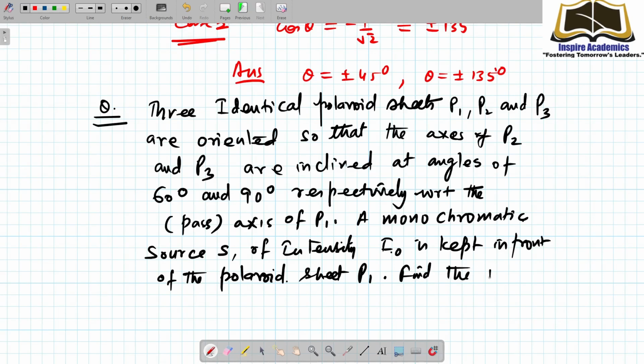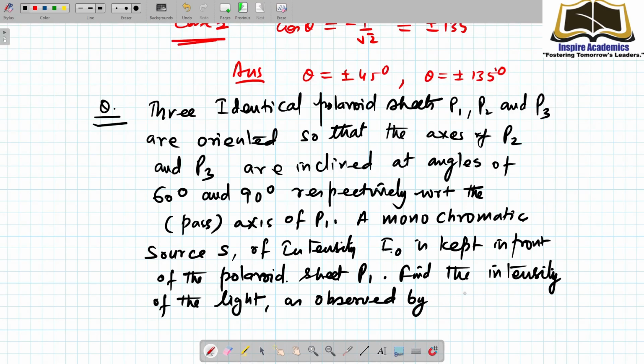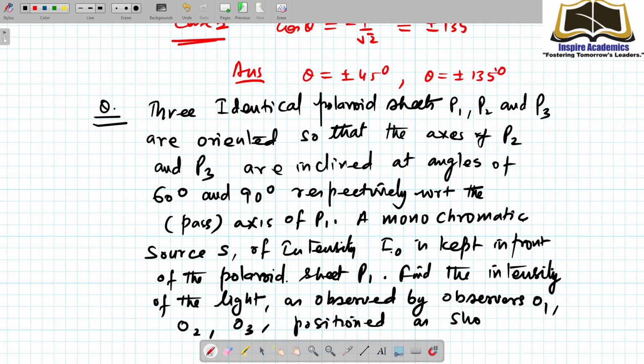Find the intensity of the light as observed by observers O1, O2, O3 positioned as shown below.